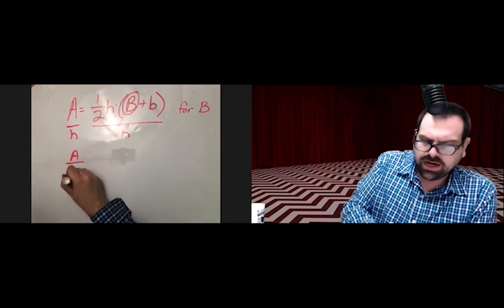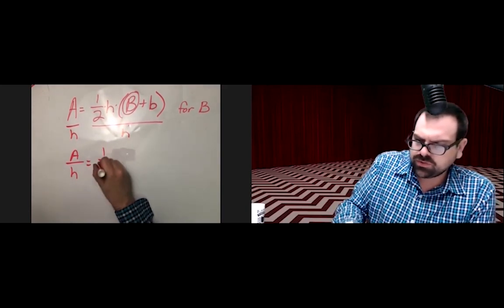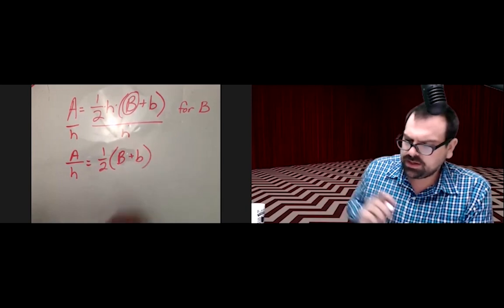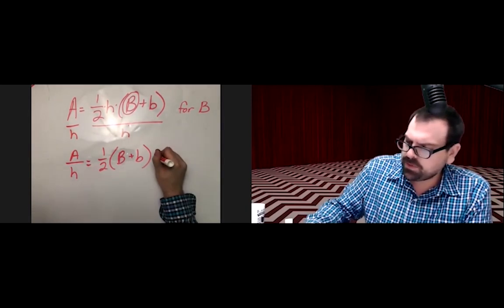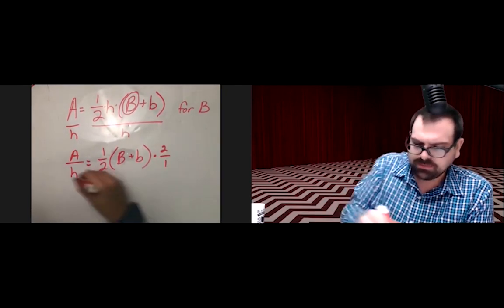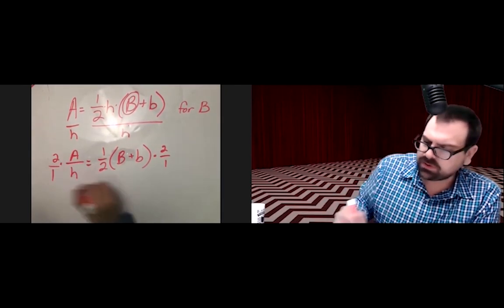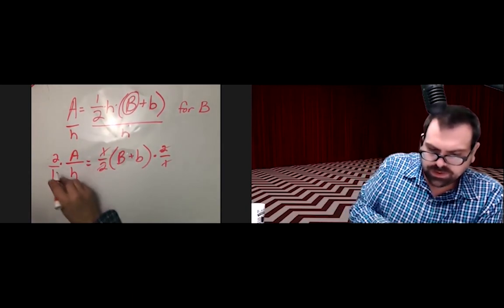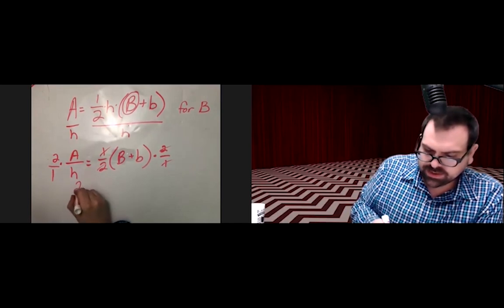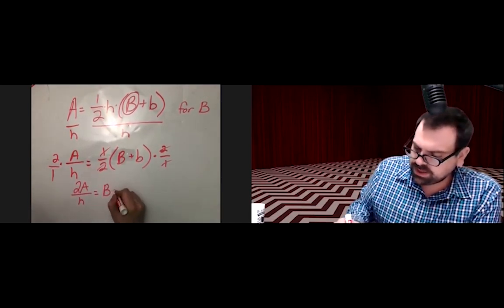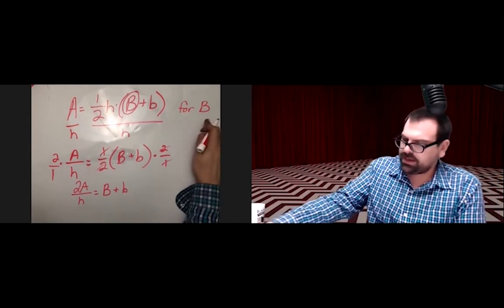So a over h equals 1/2 times, in parentheses, big B plus little b. And we can multiply by 2 over 1. Dividing by 1/2 is the same as multiplying by the reciprocal. Multiply these together, that's 2a over h equals big B plus little b.